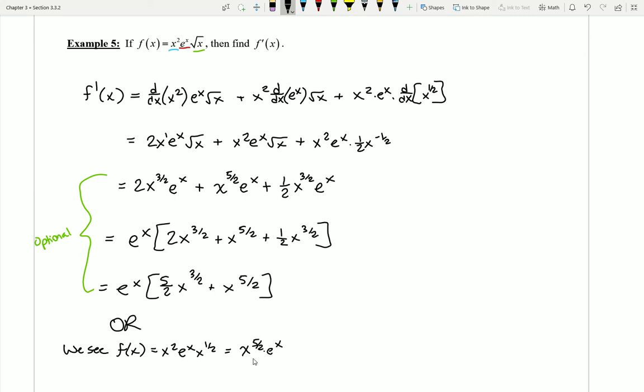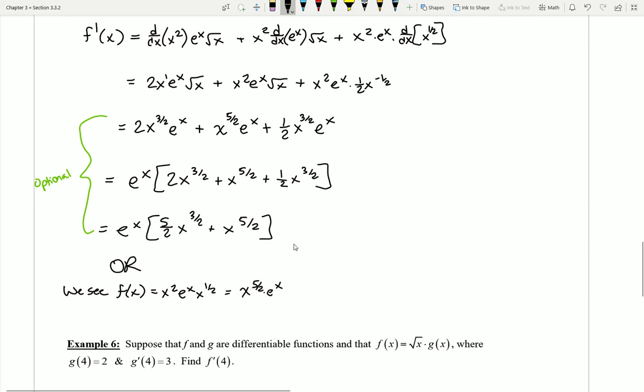I could have simplified right from the beginning. And if that's the case, then I would have only had two functions being multiplied together. And if I only had two functions being multiplied together, then when I take the derivative of those, I would really only have to focus on using the regular product rule and not a product rule for three pieces.